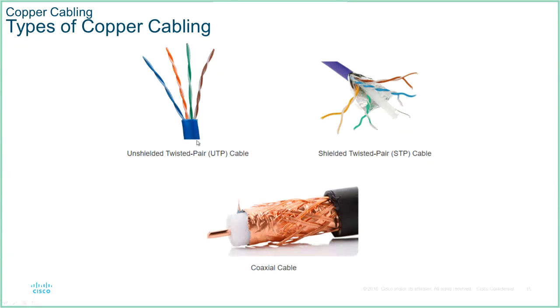Hope that can be seen through there. So each pair has a different ratio of twist, and that cancels those magnetic fields out from each other, helping to eliminate crosstalk. And shielded twisted pair, you will have an outer shield around, and if it's a really noisy environment, you would have individual shields around each pair as well.